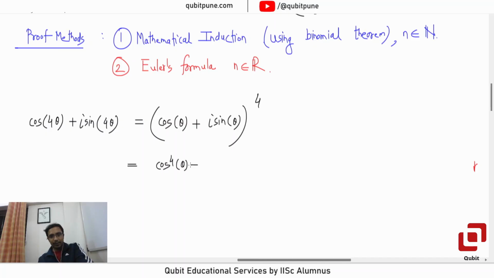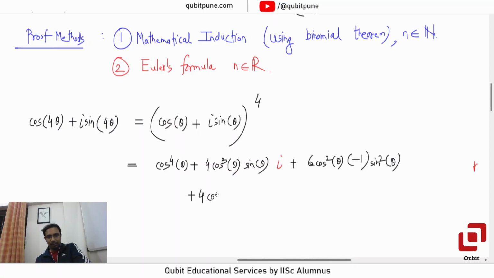Cos raised to 4 theta plus 4 cos cube theta into sin theta i plus 6 cos squared theta into negative 1 into sin squared theta plus 4 cos theta into sin cube theta, but this time it will be negative i, and finally sin raised to 4 theta.